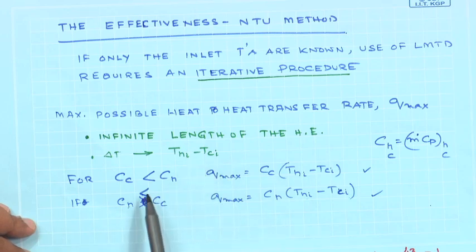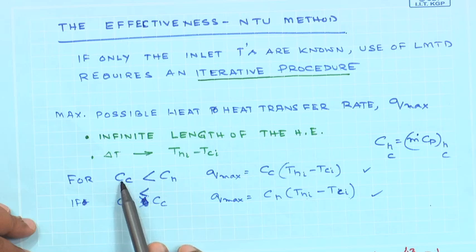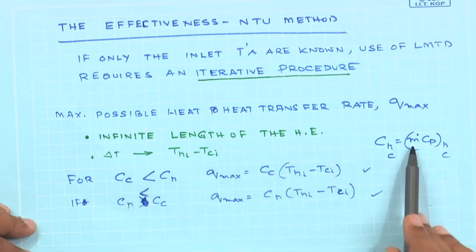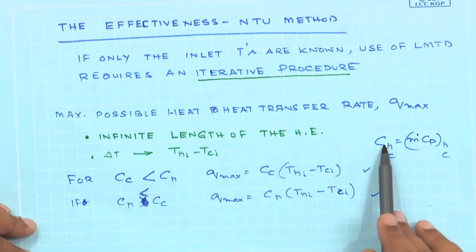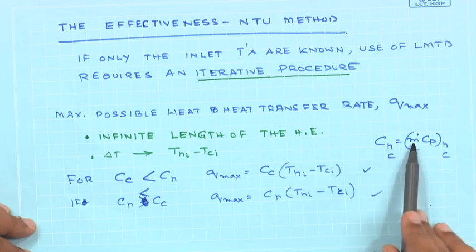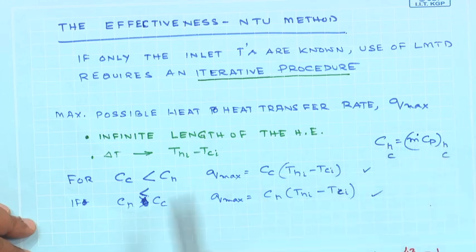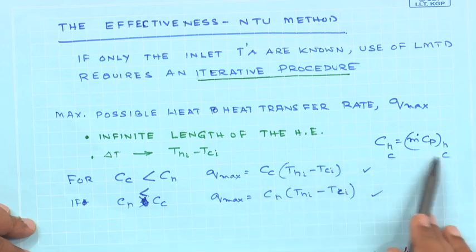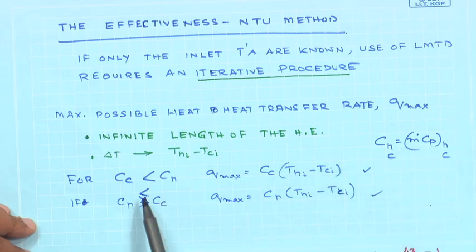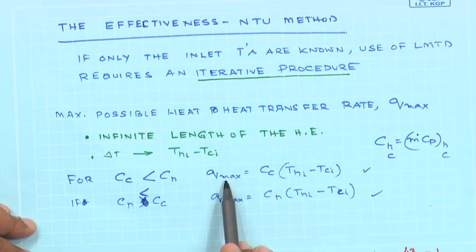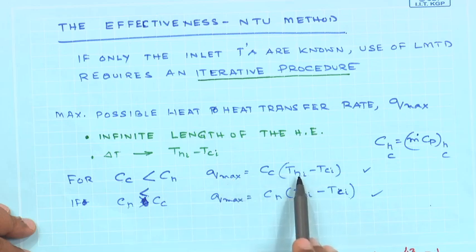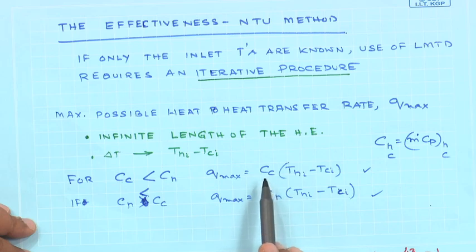However, if the capacity is defined as m dot Cp, so Ch, the capacity of the hot fluid, would be m dot Cp corresponding to the hot fluid, and for the cold fluid it is simply going to be m dot times Cpc. So, if Cc is less than Ch, then the maximum amount of heat that can get transferred would be Thi minus Tci times Cc.